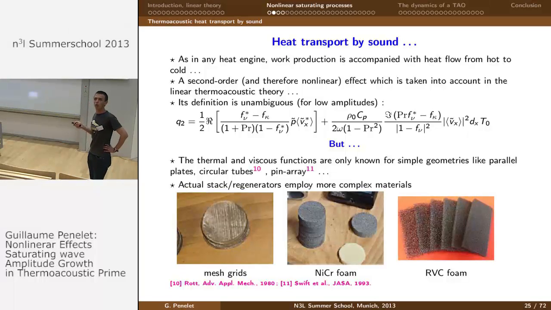But in actual engines, in actual high-power engines, what we use is some more complicated geometries, like some pile of stainless steel mesh grids, or some metallic foams like nichrome foams or carbon foams. So these stacks or regenerators have a complicated geometry. They are anisotropic, they are tortuous, and so we need to describe these thermal and viscous functions for this material.